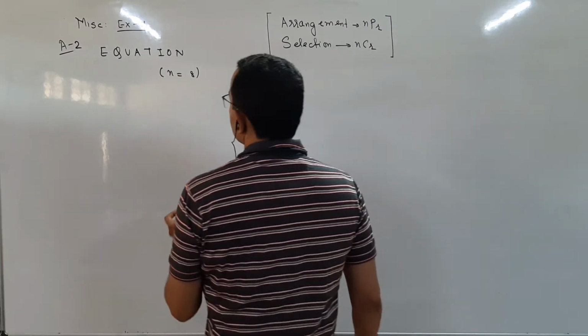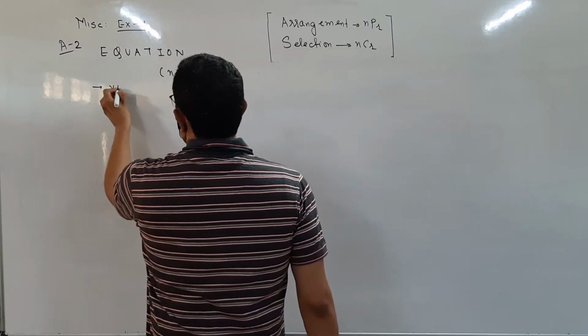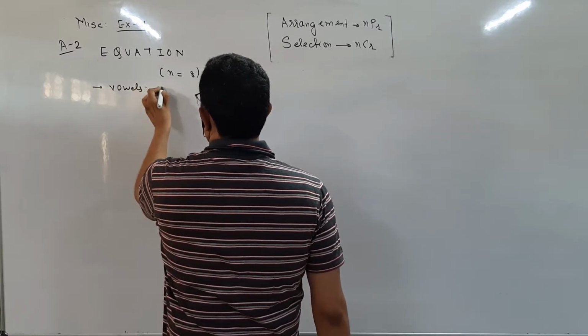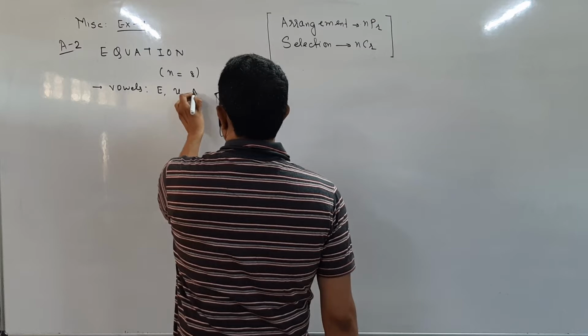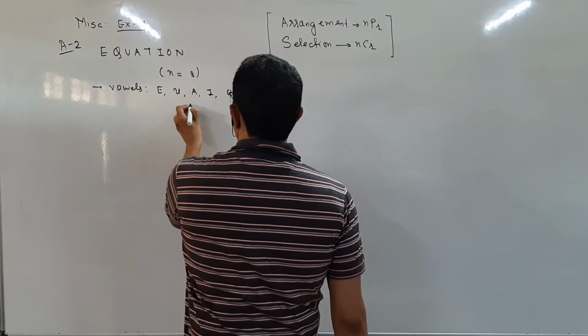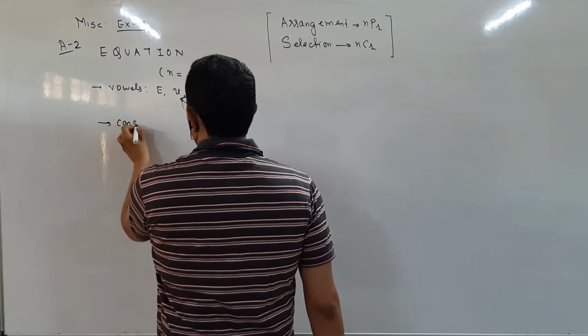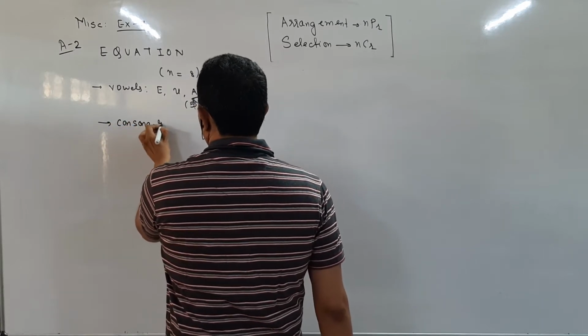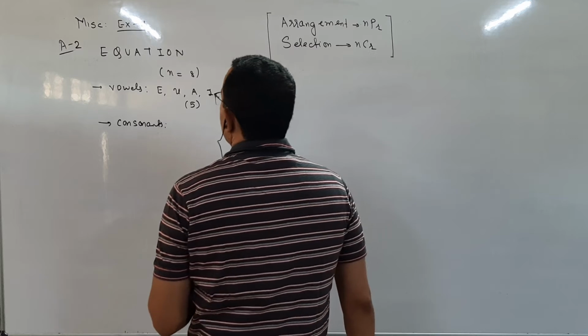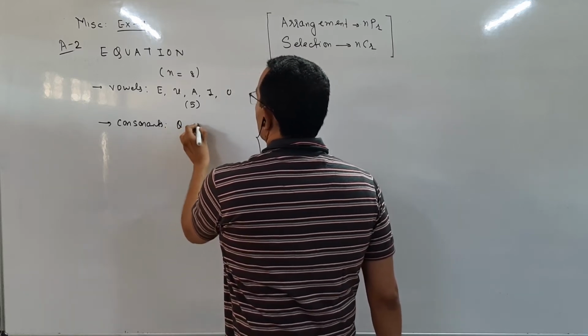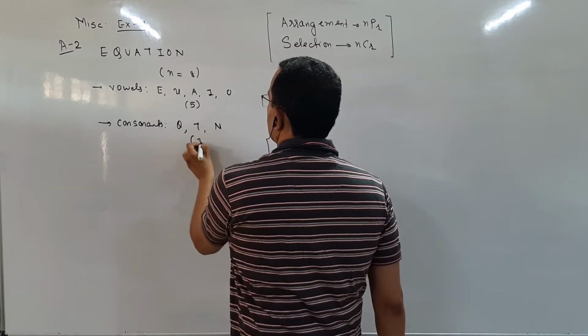How many vowels? Vowels are E, U, A, I, O, so 5. And definitely consonants are 3. Which are those? Q, T, N.